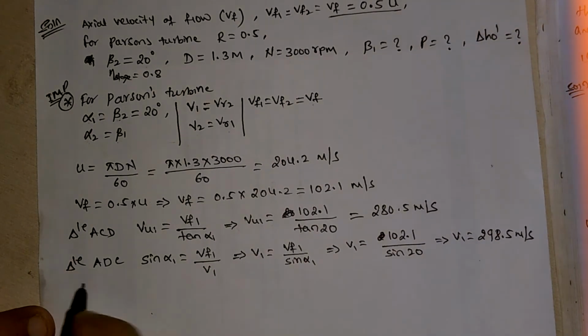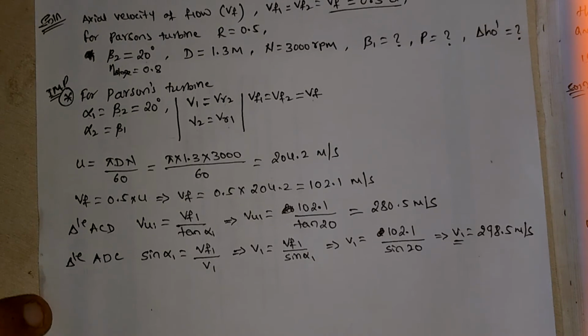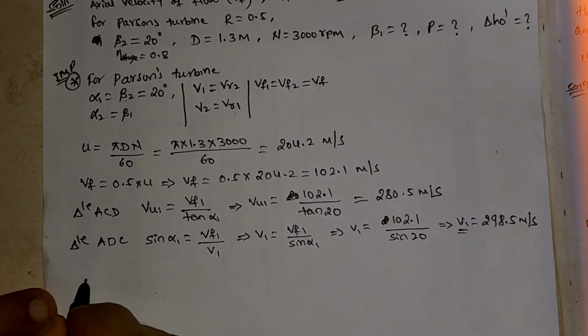Okay, since we have calculated the value of V1 here, for the Parsons turbine one more condition is to be implemented.